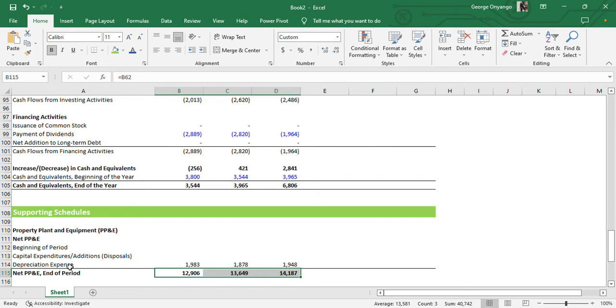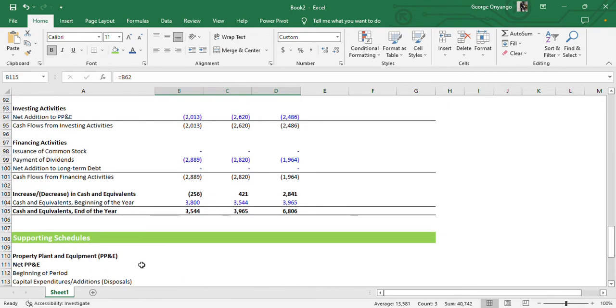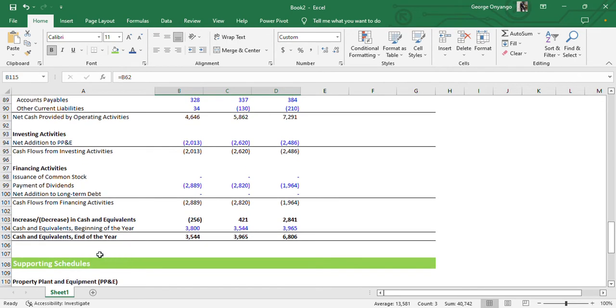So capital expenditure or the disposals, yes, we do have net addition to property, plant and equipment.